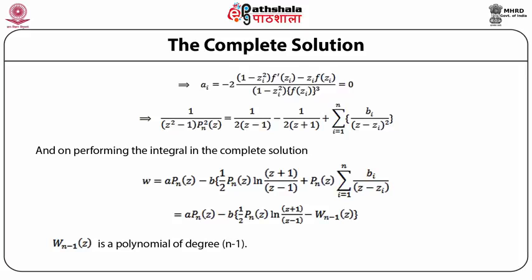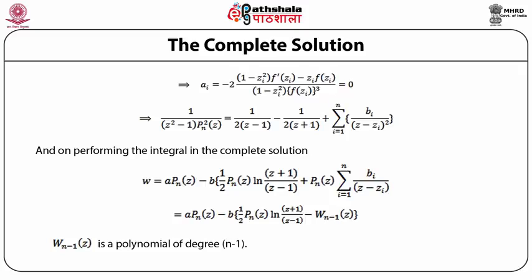This gives w to be equal to A times Pn of z minus B times, within the brackets, half multiplied by Pn of z into natural log of (z plus 1) by (z minus 1) minus Wn minus 1 of z.